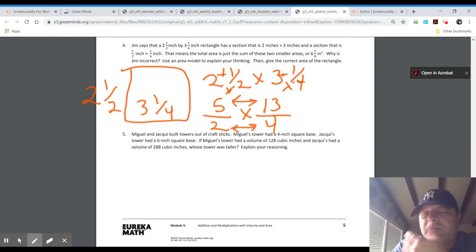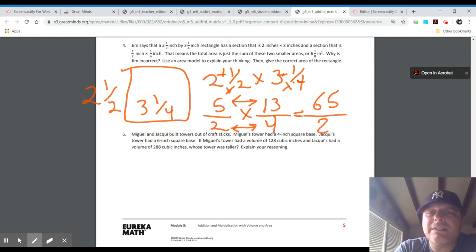So 5 times 13. 5 times 12 is 60, I know that in my head, so 5 times 13 would be one more, which is 65. And on the bottom, we have 4 times 2 is 8. If we want to convert this back into a mixed number, I know that 8 times 8 is 64, so 8, and then there's 1 left over, and that's 1/8.